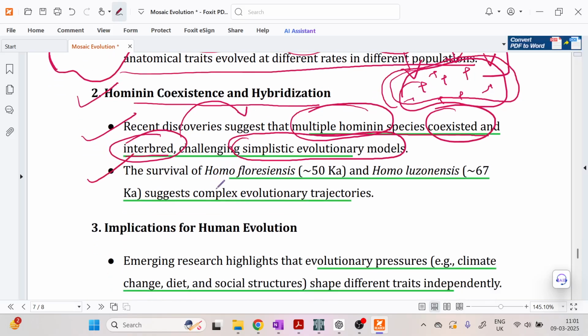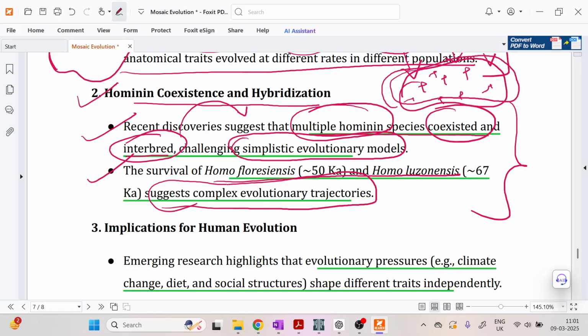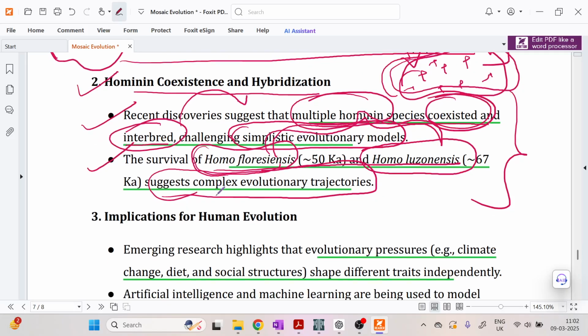The survival of Homo floresiensis and Homo luzonensis both suggest complex evolutionary trajectories. Again, इसका meaning यही है कि ये archaic Homo sapiens species हैं, जैसे Cro-Magnon है, Grimaldi है, इसी तरह ये भी species हैं, and some of their characteristics they survive in the modern Homo sapiens, which indicate coexistence and interbreeding.